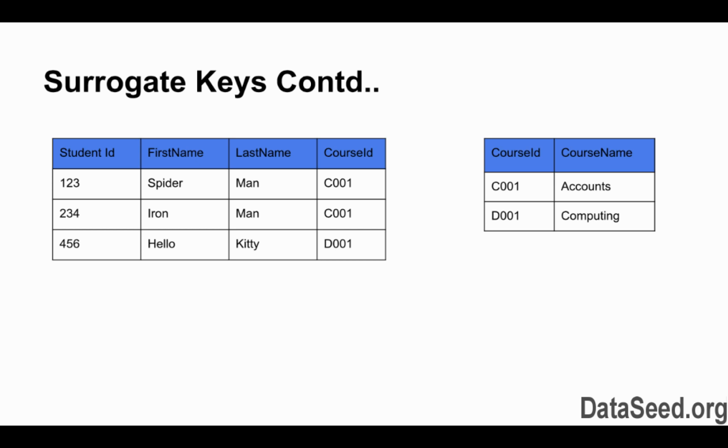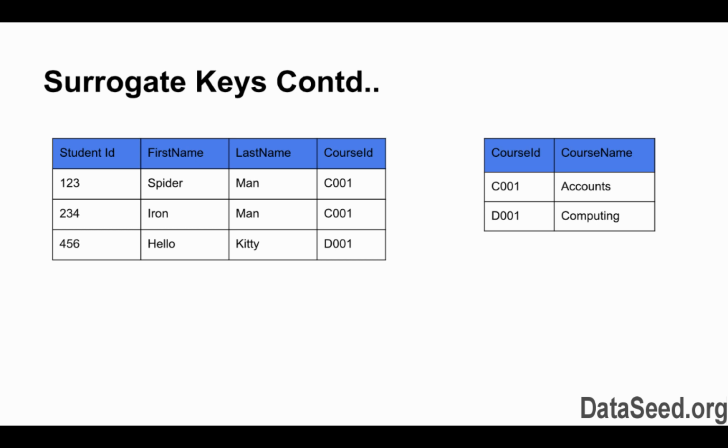Now, let us say that the requirements change and the business wants to store course ID as numbers rather than alphanumeric. They want to change the data type of course ID column. Now, because of this requirement change, we will have to make the structural changes to both the entities. We'll have to make the change to course ID in course entity and also in the student entity.